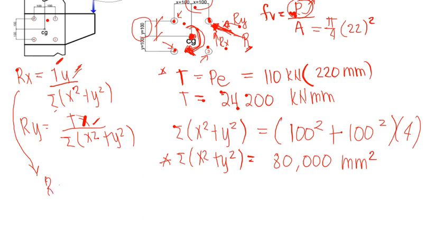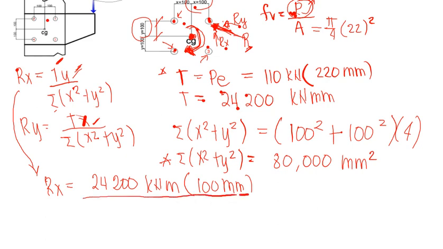So, yung rx natin is equal to value of Ty, which is 24,200 kilonewton meter. Yung y natin, which is 100 mm, yung distance ng bolt from the centroid, over, ano yung magiging summation x squared natin? That is 80,000 mm squared.